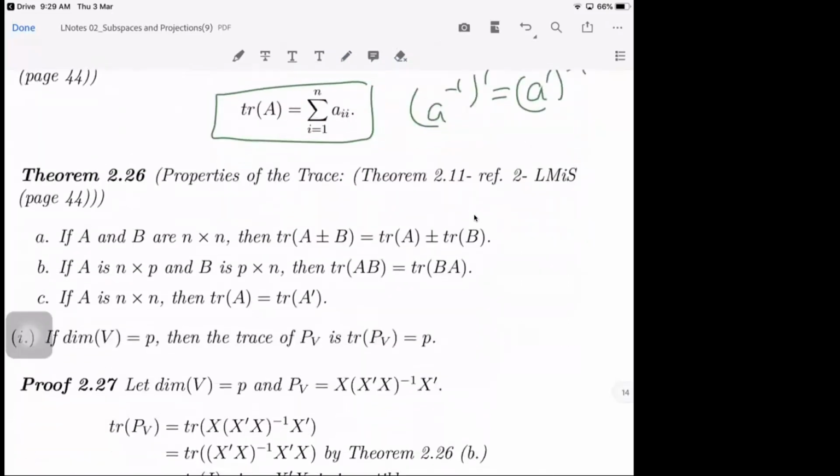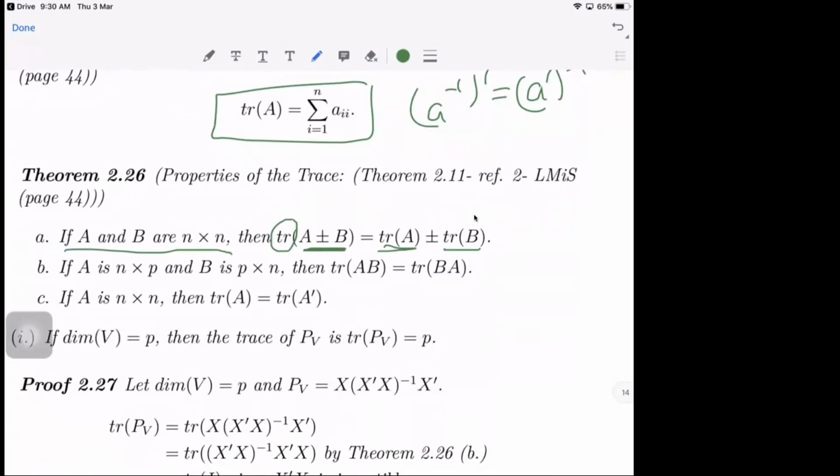If you have two square matrices, and you get the sum or the difference of the matrices and get the trace, it is just equal to summing the traces of each of the individual matrices.